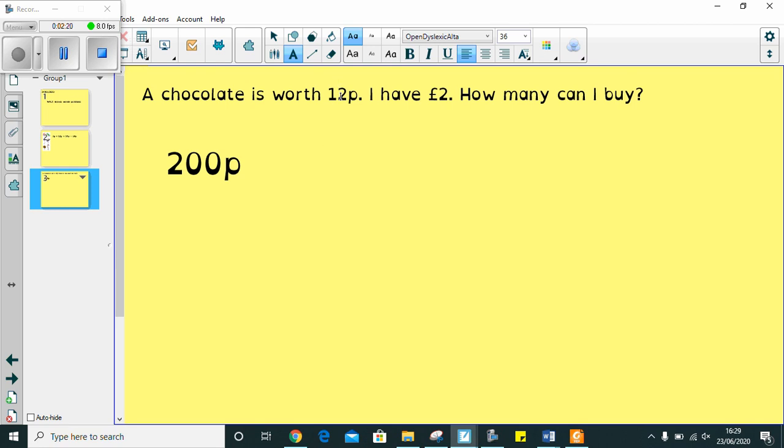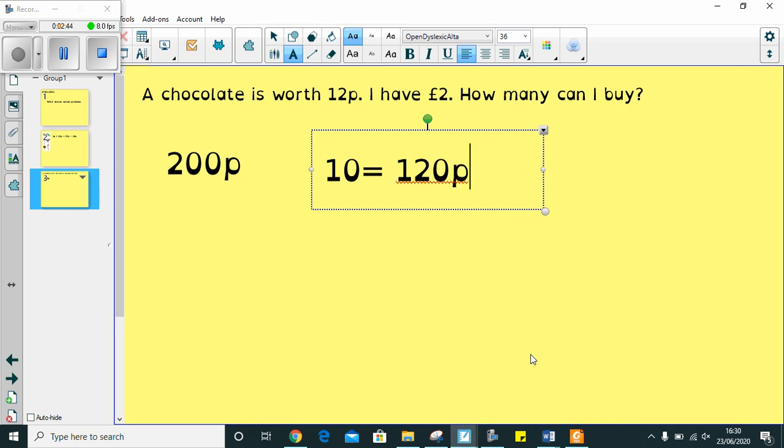So I want to know how many I can buy, how many 12s go into 200 really. I can do this in a couple of different ways. I know that if I bought 10, that would equal 120 pence, because I know that 10 times 12 is equal to 120.